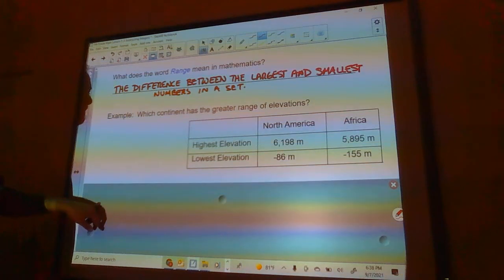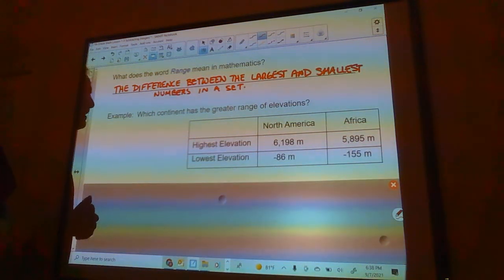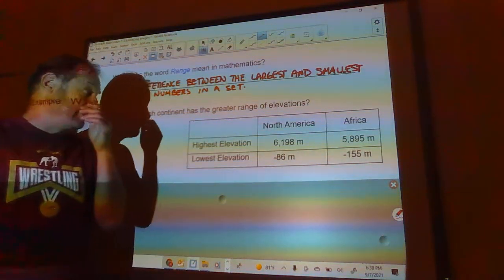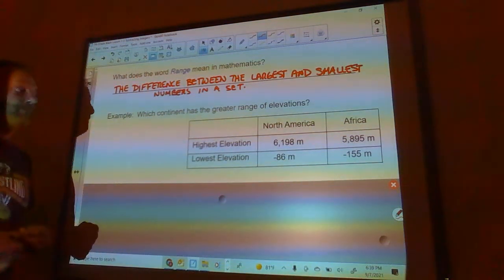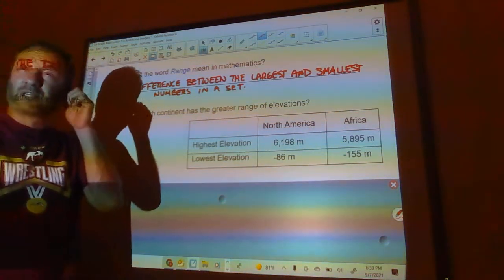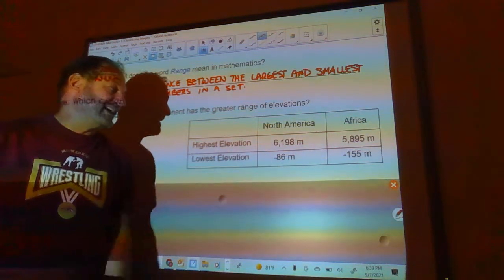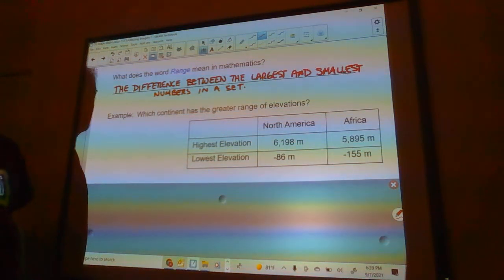Okay. So which continent has the greater range of elevations? If you look at North America, the highest elevation is 6,198 meters. That would be Mount McKinley in Alaska. The lowest elevation is negative 86 meters, which I believe is Death Valley, California.